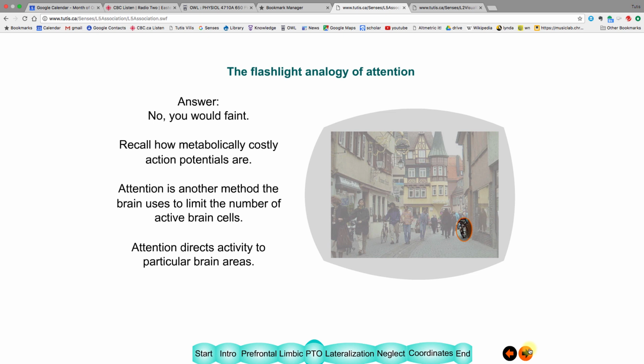So by attending to different aspects of things, you activate not the whole brain, but just a small part of the brain that's involved in that task. Your need to attend to things is largely driven by the fact that you need to pump oxygen into that little part of the brain, and you need to activate those neurons and not other neurons, because if you activated all of them, you'd run out of oxygen.